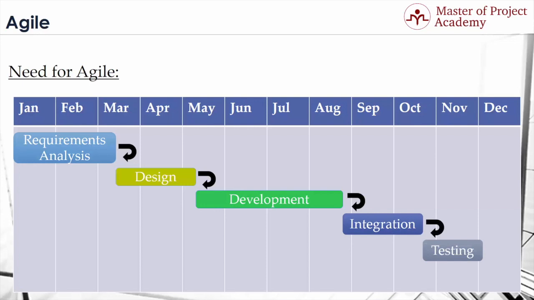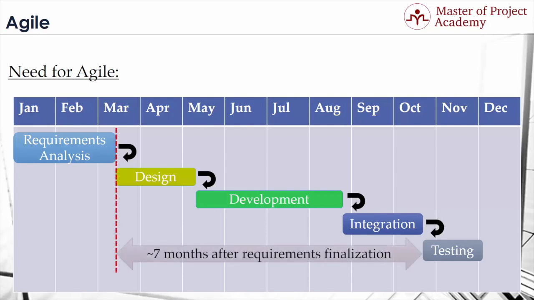This is the stage where the customer starts to see the product and checks whether their requirements are satisfied in the product of the project. And this happens 7 months after the customer's requirements have been finalized for this example project schedule. And during this time, the customer does not see how the product is developed.